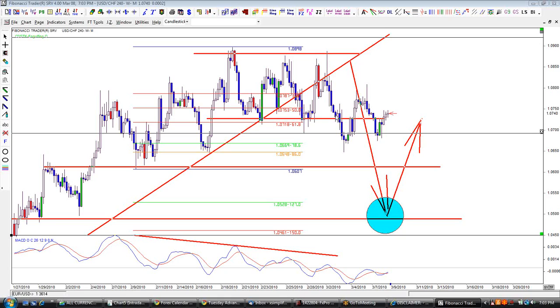Market broke support level, trying to enter back in the consolidation. If we see the MACD making lower highs, like this one, let me just circle a few, this will confirm a further bearish move.